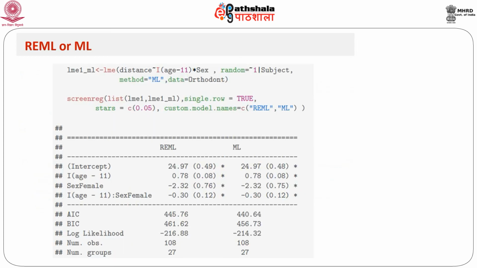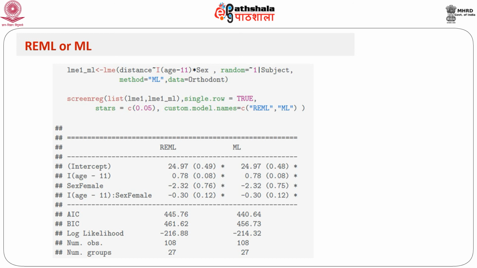As I had previously said, by default lme uses REML estimates, but we can make it ML using the argument method equal to ML. So what I have done here is I have created another lme object which is exactly similar to the lme1 object, but here the method has been specified as ML.